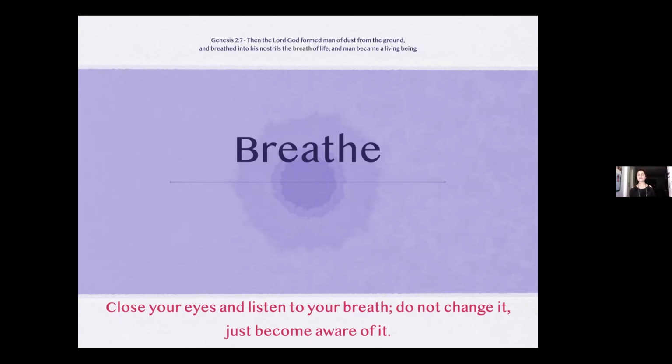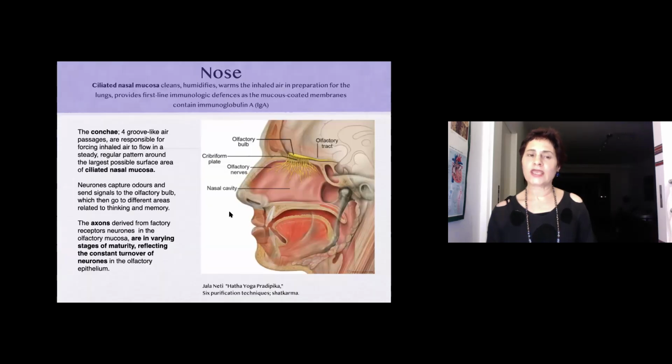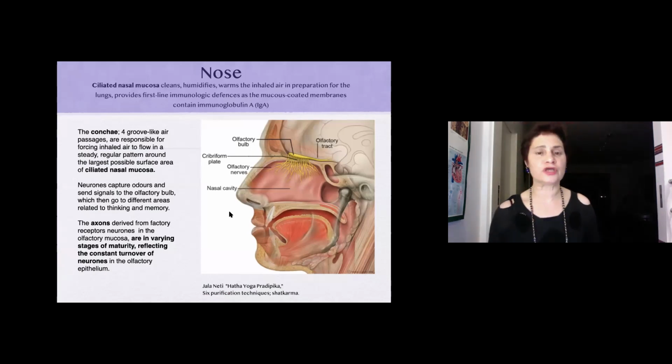Relax your shoulders, relax your hips. Make sure your tongue is open. And just observe how the air is going in and how it's going out. Do you have that awareness? Okay. And now, if you still have your eyes closed, you can open them.